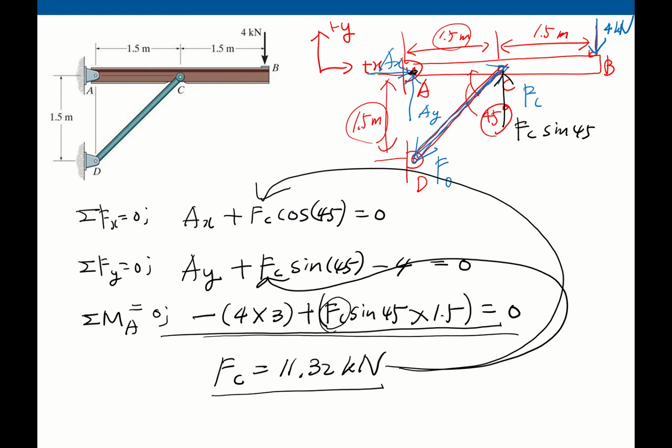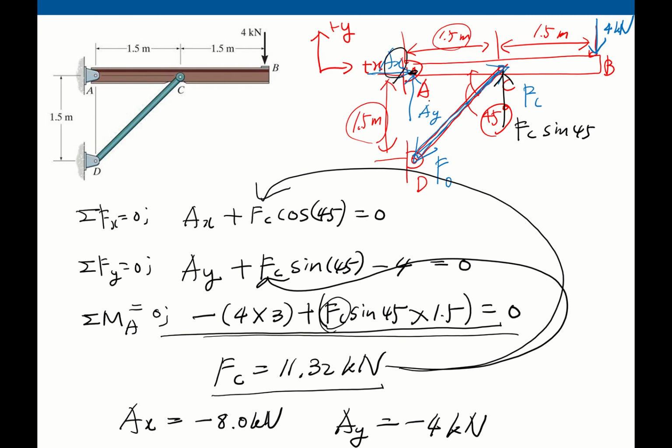So we can calculate that AX is equal to minus 8.0 kilonewton, and AY is equal to minus 4 kilonewton. Okay, so it seems like our assumptions for the support reactions were wrong.